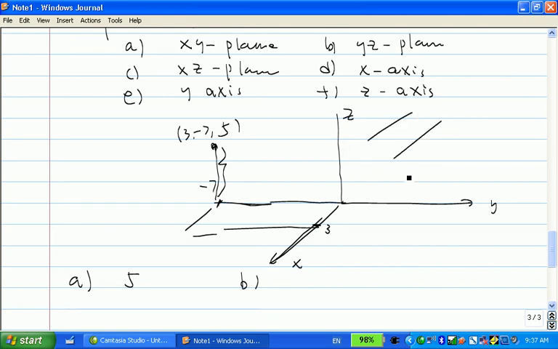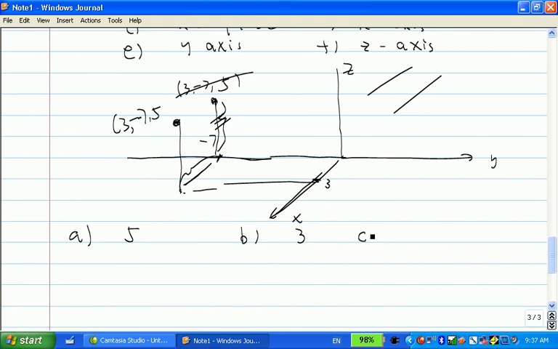This is the yz plane. Wait, not that point, sorry. The point here is 3, -7, and 5. Not that one. Okay. So the distance to the yz plane is this one, right? What is that? 3. Correct?